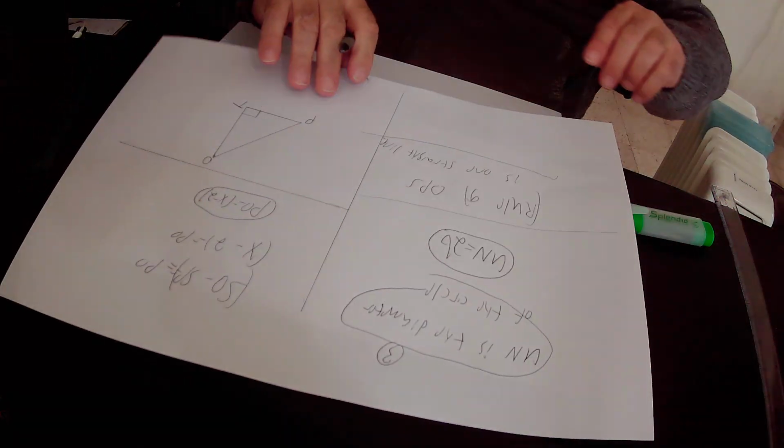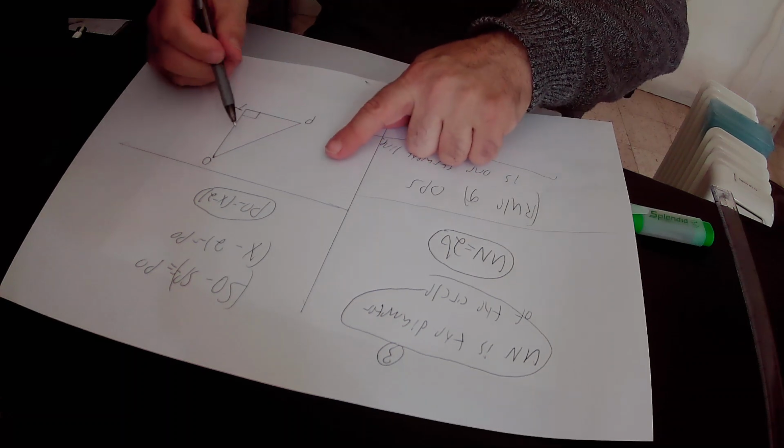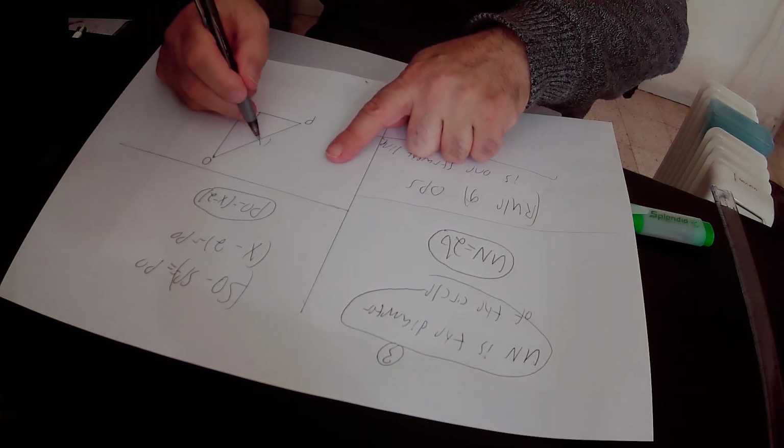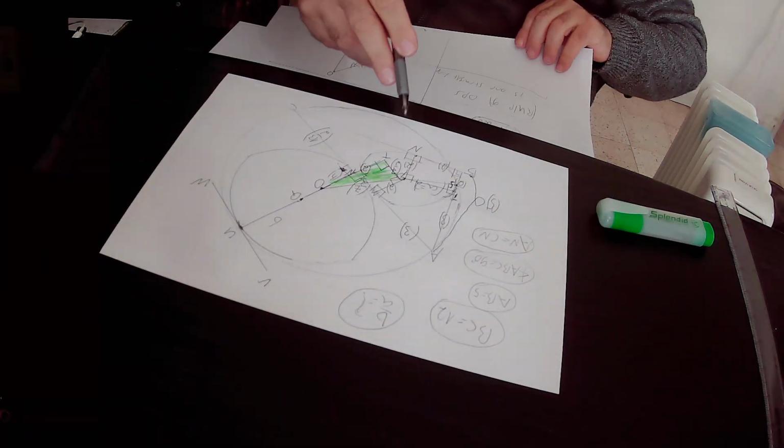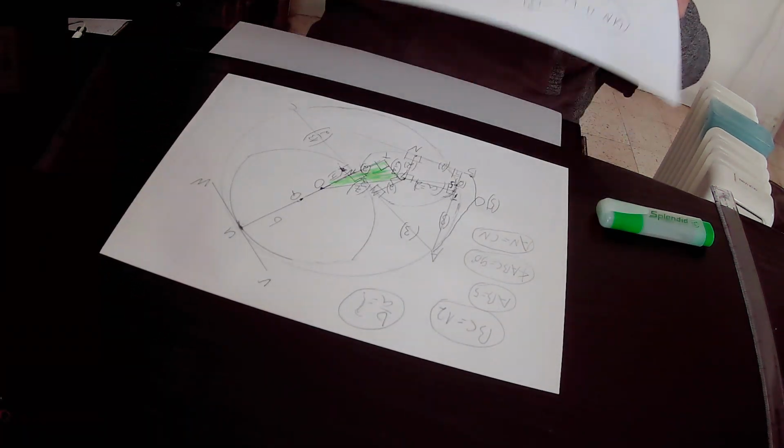We already found out that the hypotenuse PO equals x minus 2. We just found out that PT equals 7 over 2.